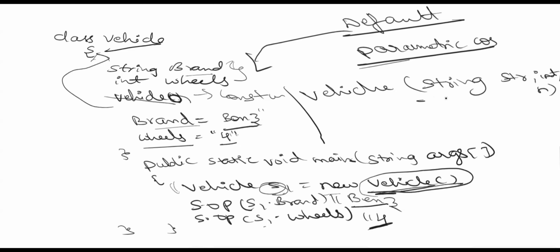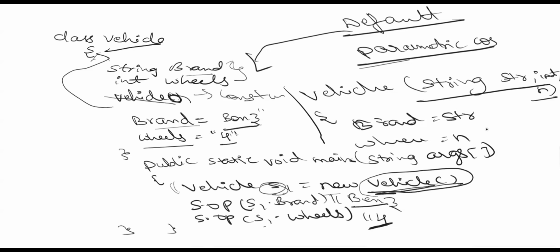So we have written the parameters inside it. Okay, and next inside this, brand equals str, and wheels equals n. So like this we need to write inside the parameterized constructor. Then this str is assigned to the brand and this n is assigned to the wheels.